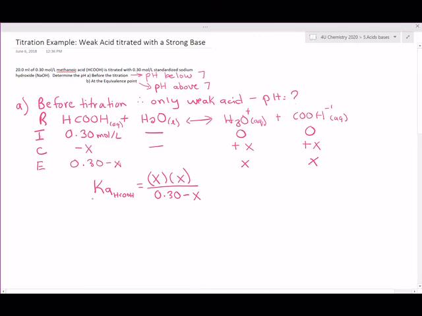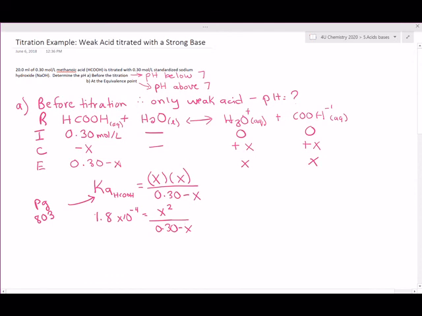This value you can find on page 803 of your textbook. It is 1.8 times 10 to the negative 4. And that is going to be x squared over 0.3 minus x.